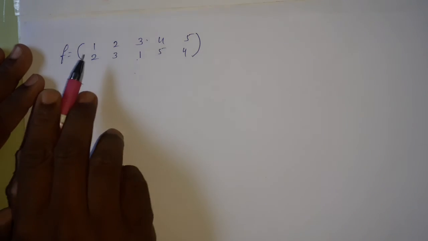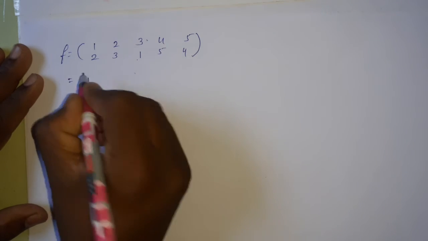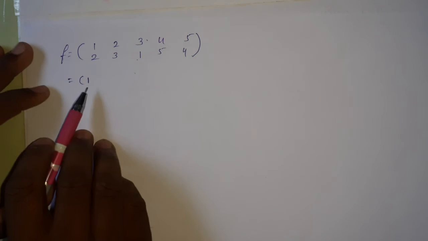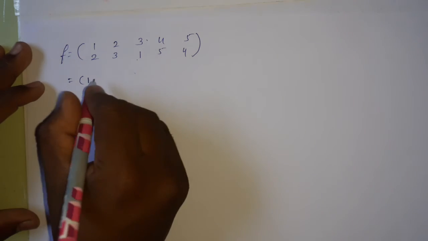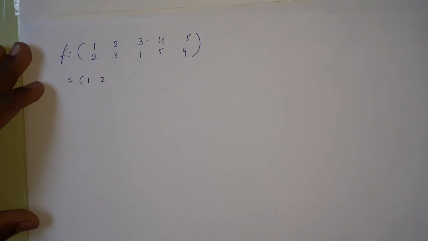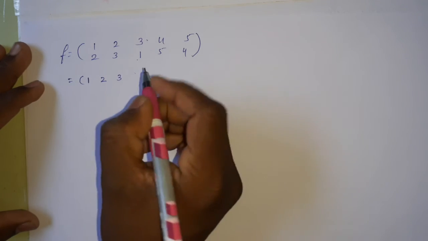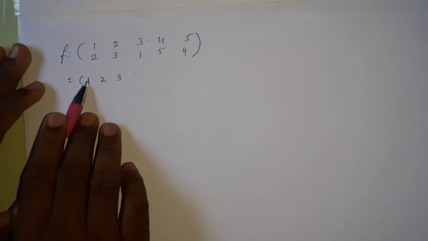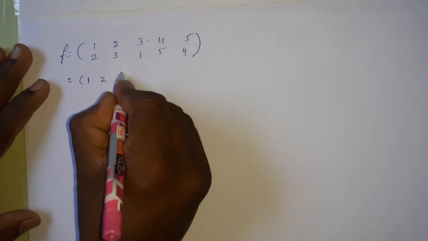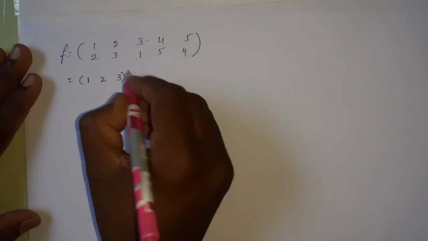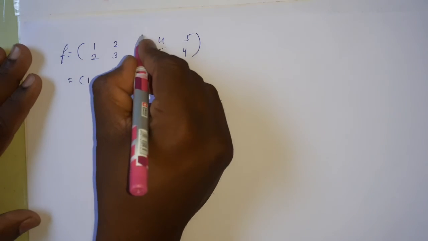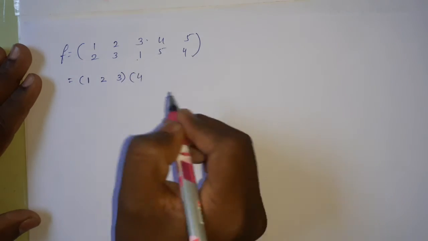First consider the first element 1. What is the image of 1? That is 2. The image of 2 is 3, the image of 3 is 1, so 1 is already here, therefore it completes. Then up to 3 we have completed, the next element is 4.